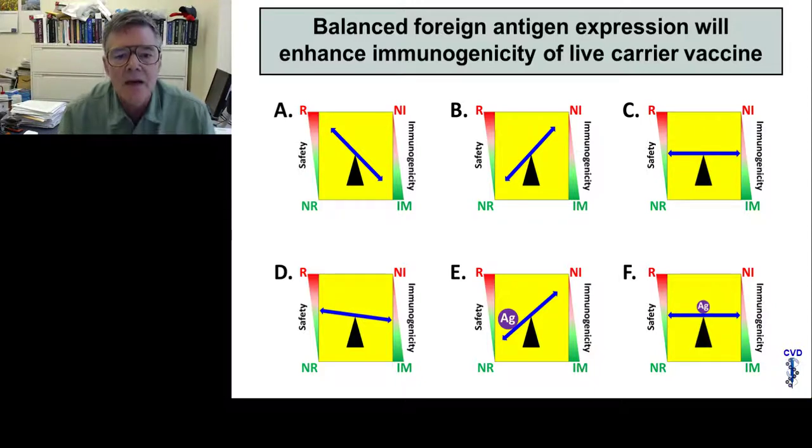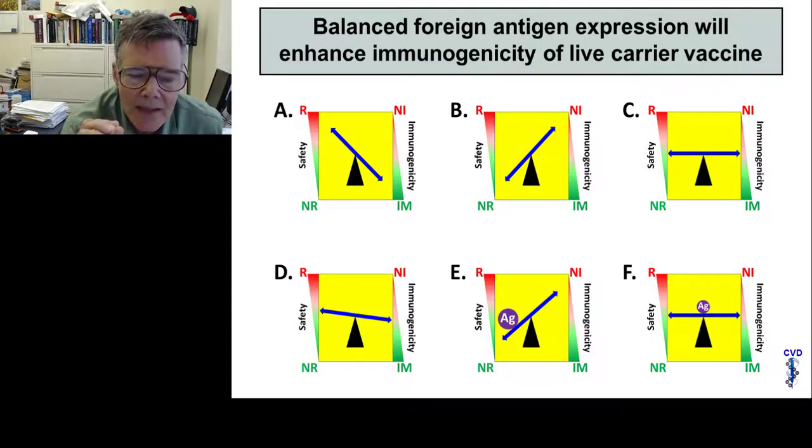So A, B, and C address how to make a vaccine strain. But what if we want to make a carrier vaccine out of that beautifully balanced vaccine strain? Okay. So what I've figured out over the years is you want to start with a vaccine strain which is slightly reactogenic.